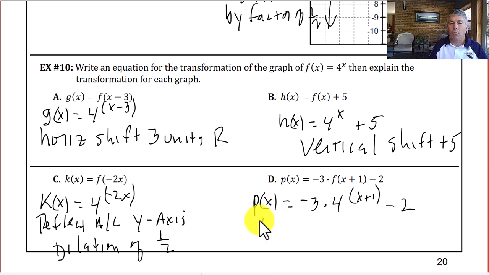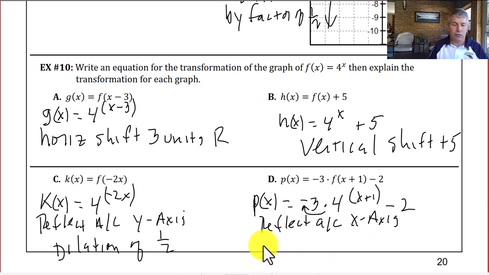So we're going to reflect across the x-axis. That's this negative sign right there that's going to reflect us across the x-axis, because that's going to be a vertical reflection.